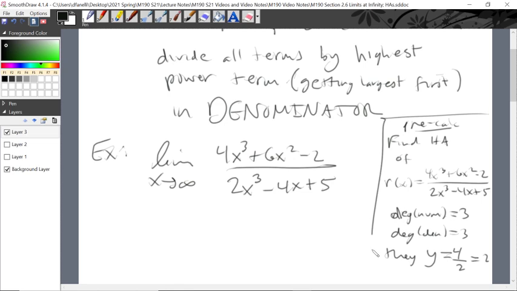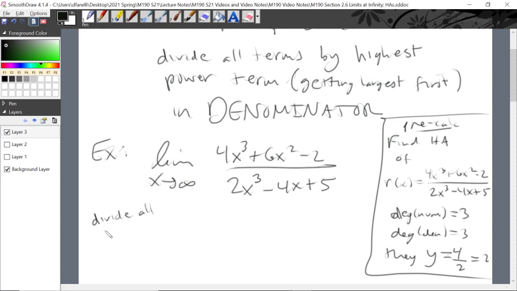Okay, now let's apply some calculus here. The calculus approach is to divide all the terms, numerator and denominator terms, by the highest power term in the denominator. That would be, well, 2x cubed. In fact, it's enough to just divide by x cubed. We could divide by 2x cubed as well, by the way, but this is the step I'm going to take.